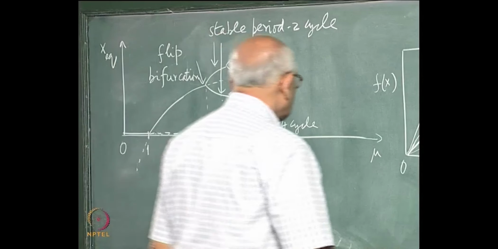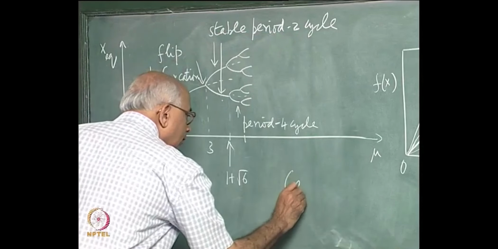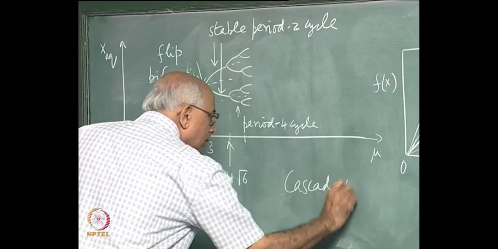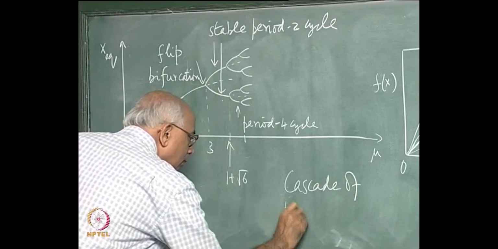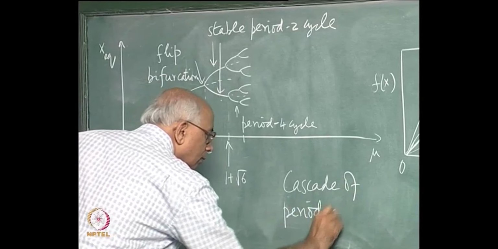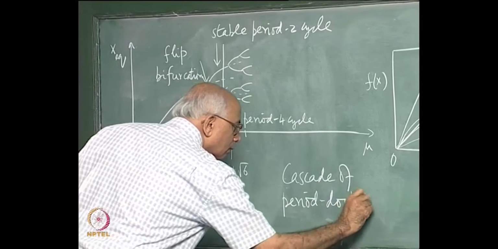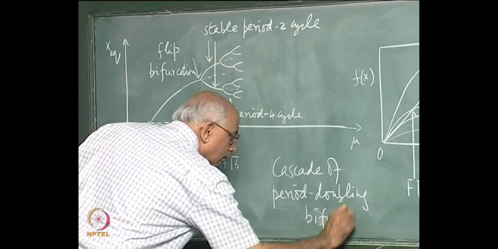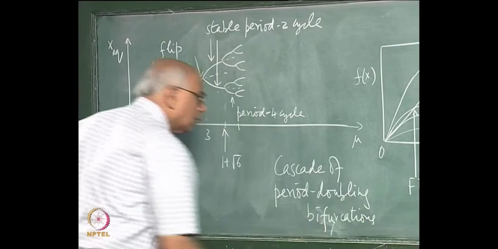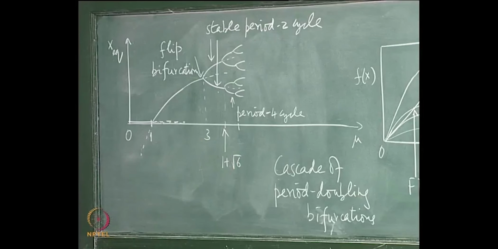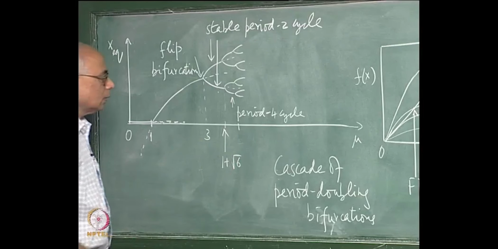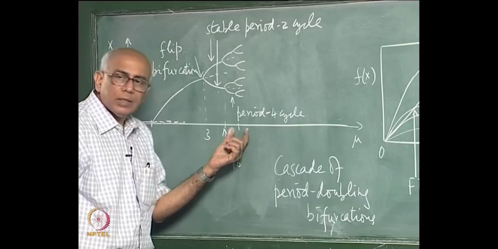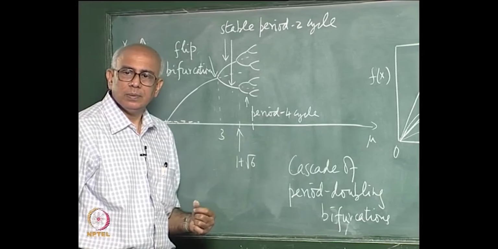So you have a cascade as mu increases, and it happens for smaller and smaller intervals in mu.